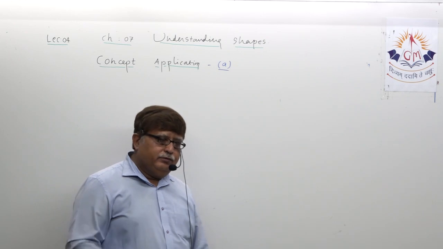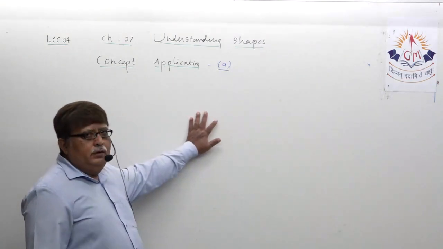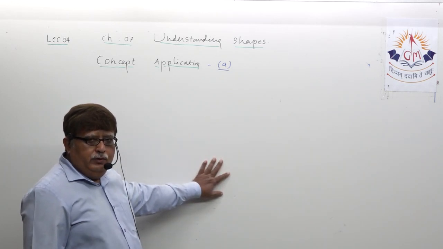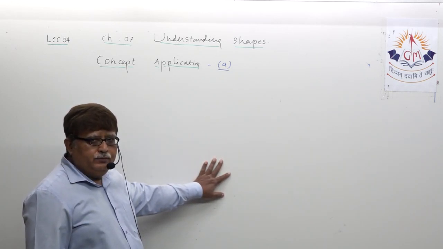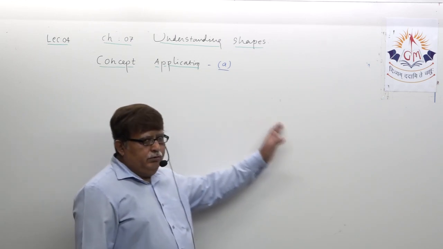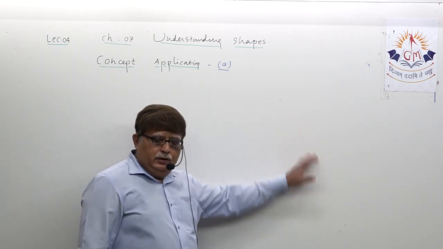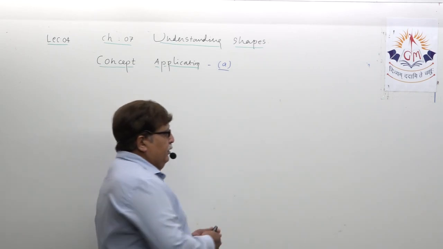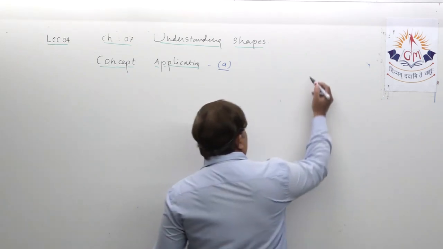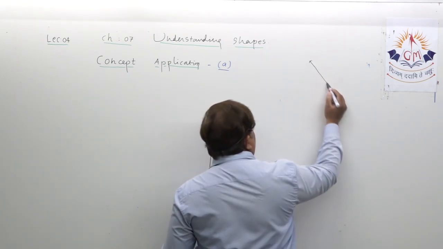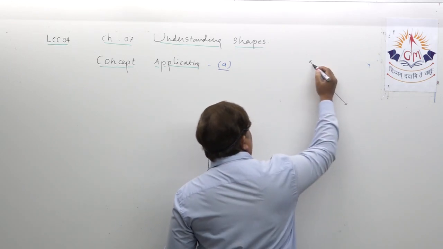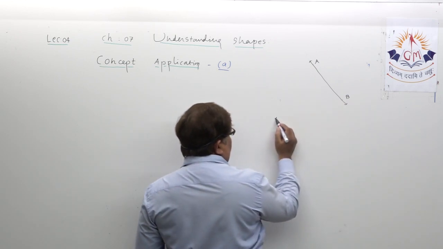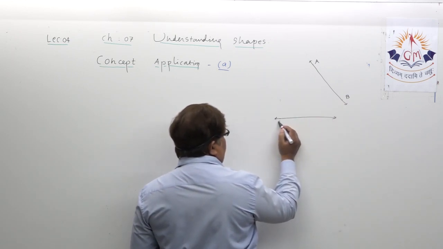So, dear students, suppose we consider this whiteboard as a plane, and if I draw 2 to 3 lines here on the same board, they are called coplanar lines. Suppose one line I have drawn here, line AB. Suppose I draw another line, line CD.